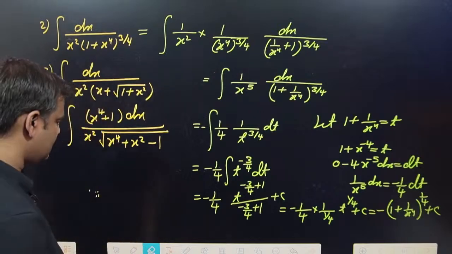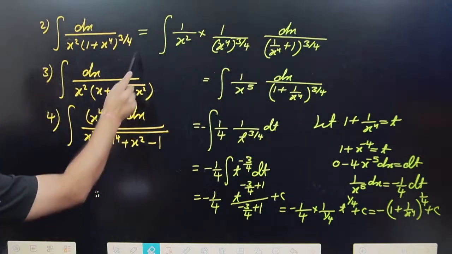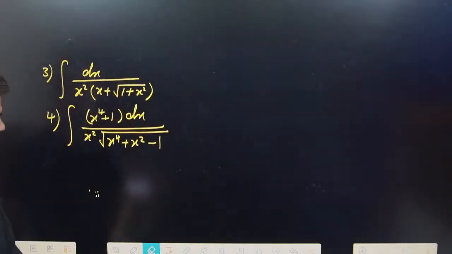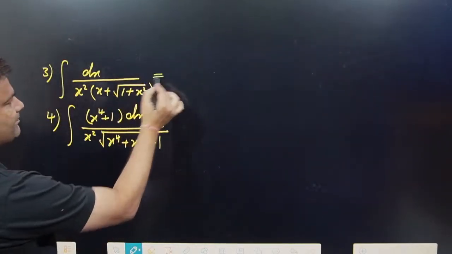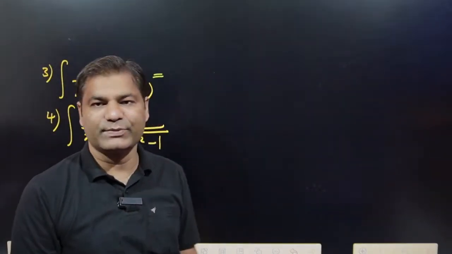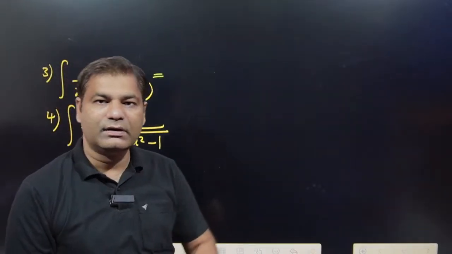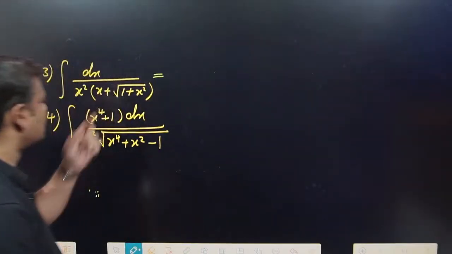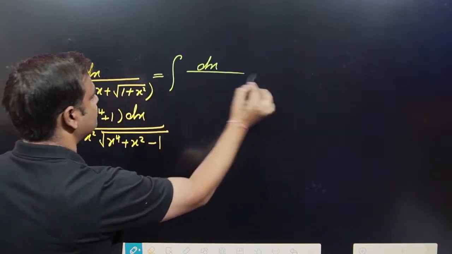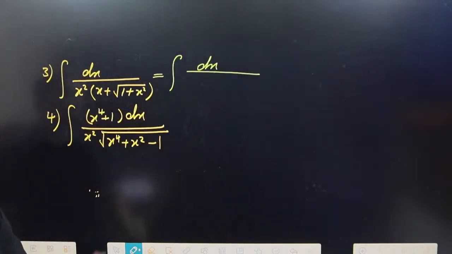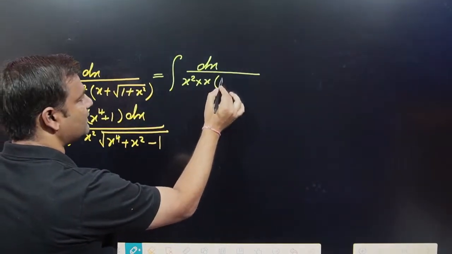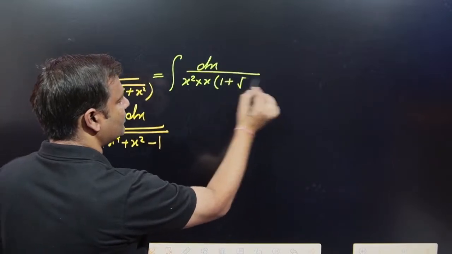Okay, so we are focused on question number 3. In this type of question, always first of all try to take the highest power of x common. Look here, in this part dx, if x is common, then x into x square into x, here 1 plus under root.